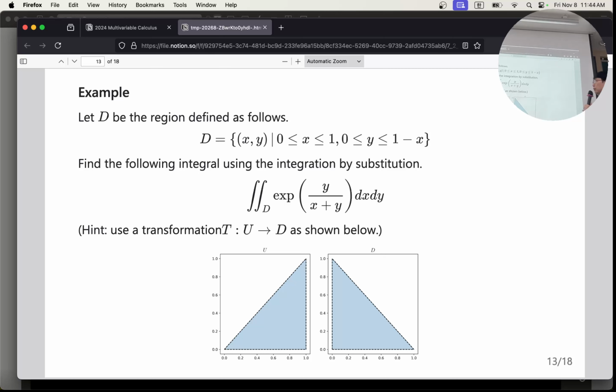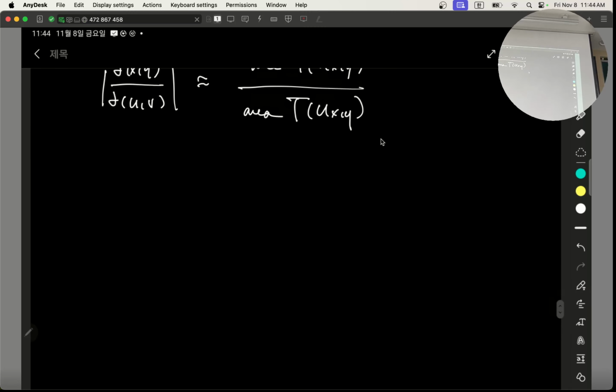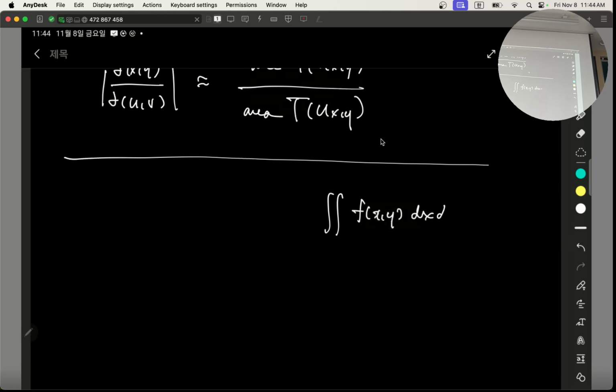Well, maybe it's possible, but not easy. So I want to make it an easier way of integrating by taking a substitution. I want to take a transformation which makes this integrand simpler. So let's take this way. Remember that picture. What I want is to use integration by substitution like this.